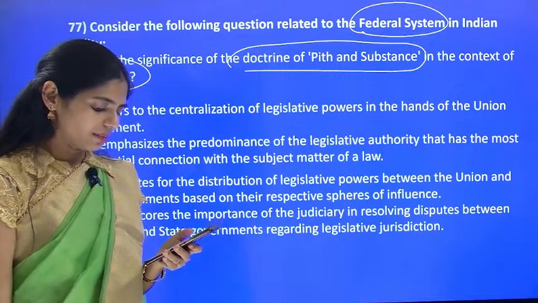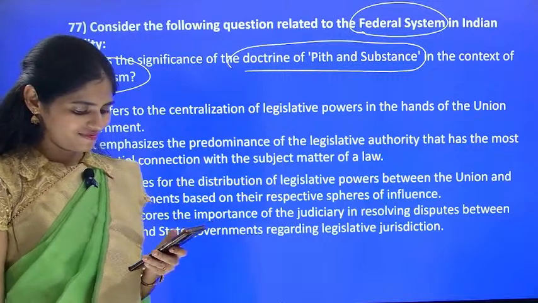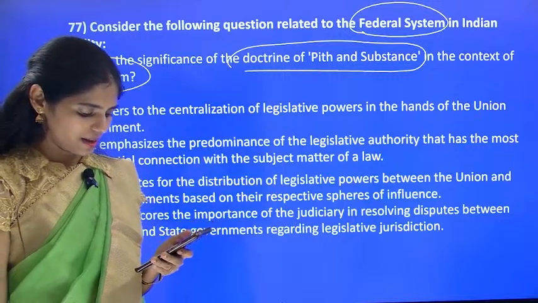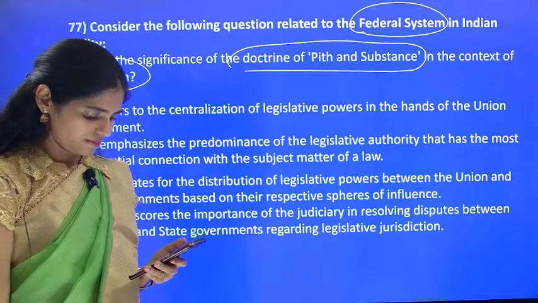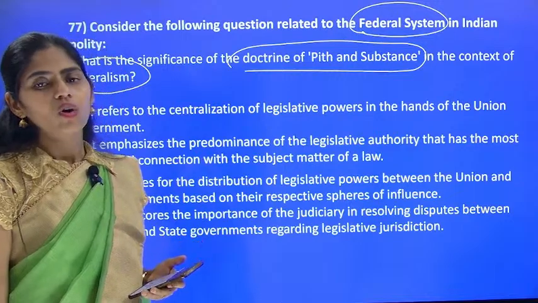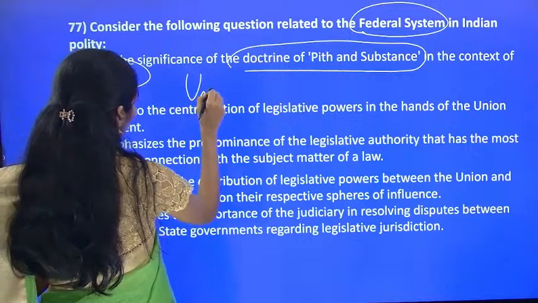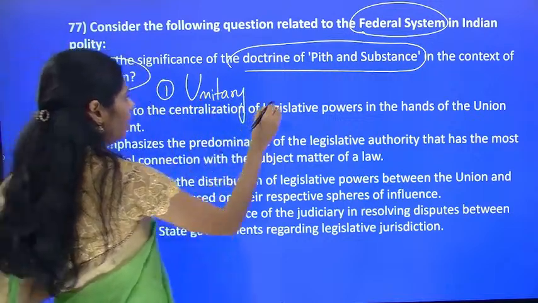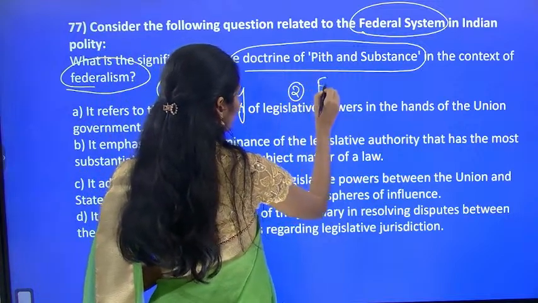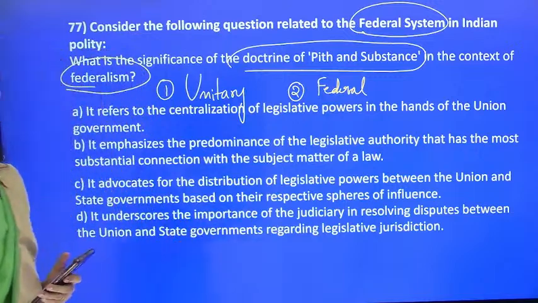Yes, very good. With the recommendation of the Governor, the President can. So the answer is? Okay, tell me what is the meaning of federalism? Here we have the unitary system of government on one side and on the other side the federal system of government, right?